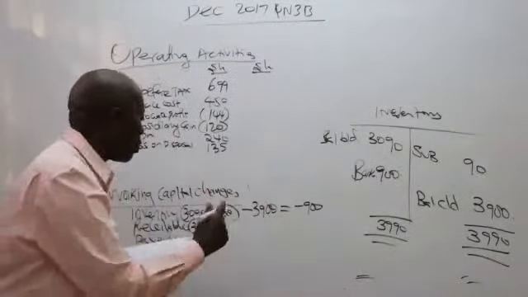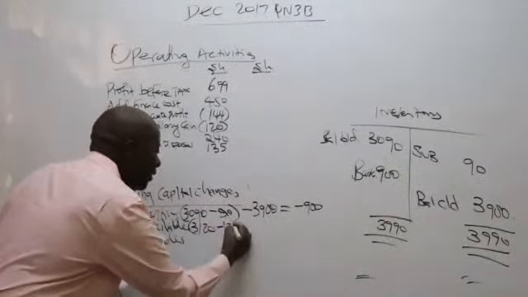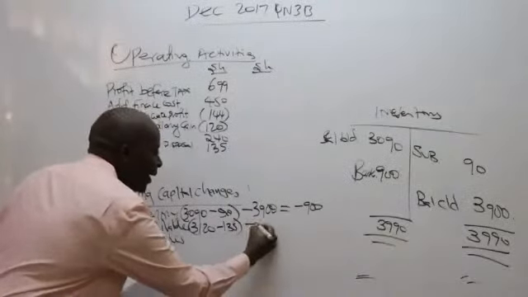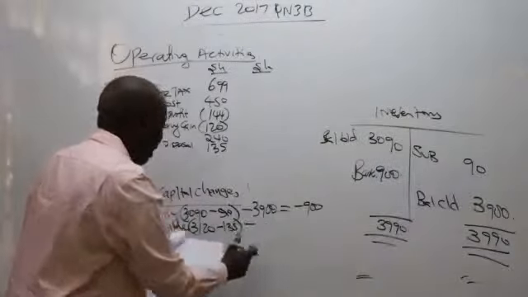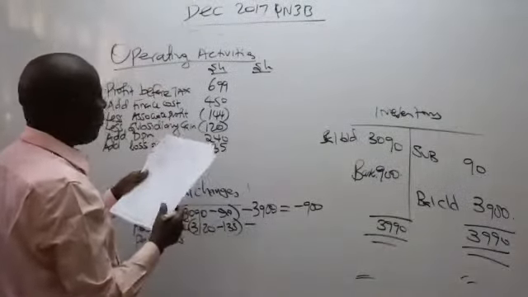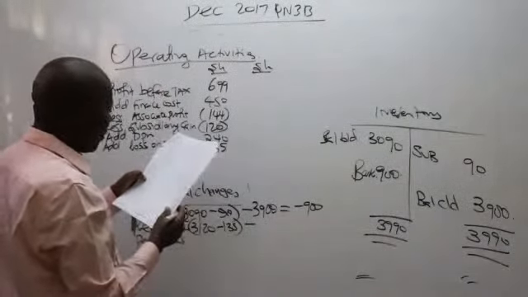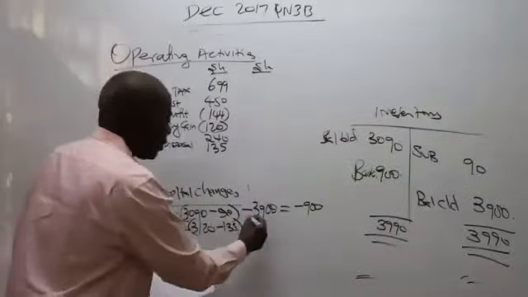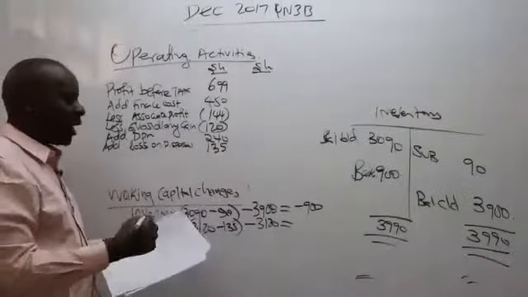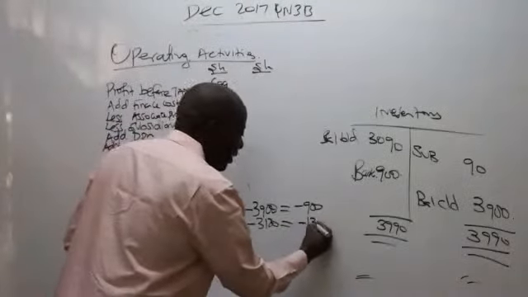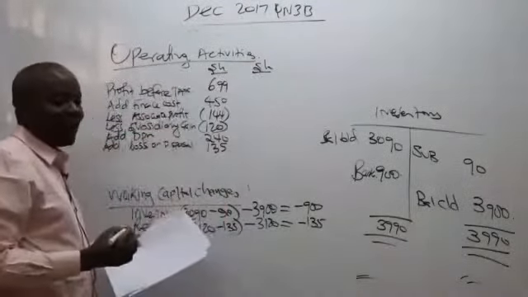So the receivable sold here will be minus 135, like that. And then minus the closing receivables figure, the receivables figure for 2017, which was 3120. So could you kindly give me the final figure? Nakuja minus 135.